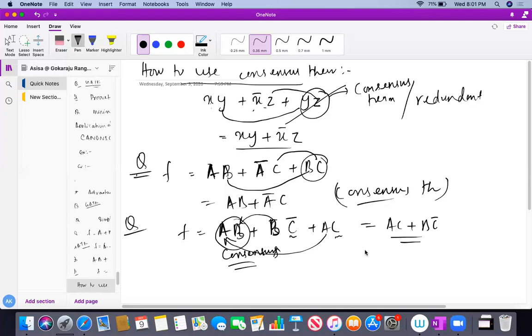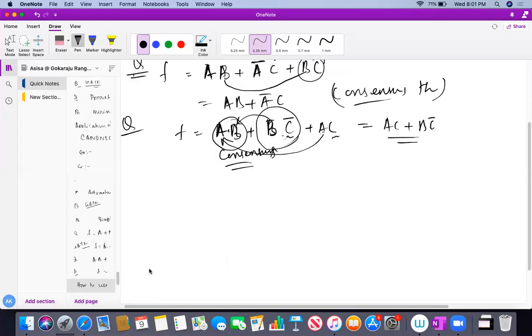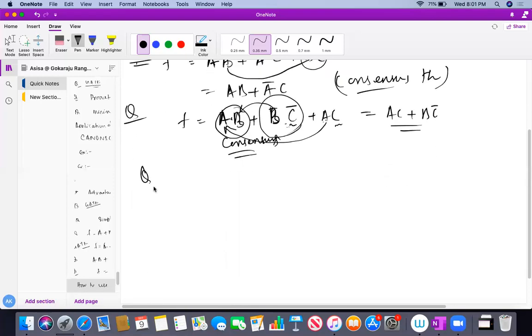Okay, so first of all, you need to check in the first two terms. It may be that one term will be there, and finally the consensus term here also. So you need to identify where my consensus term is available, what I have to drop out mainly. Okay, the next question. Let's say the question will be like this: A or B, A bar or C, B or C. So what do I need to do, Sumit? Everybody, I know, you just have to open it up, by using distributive law.